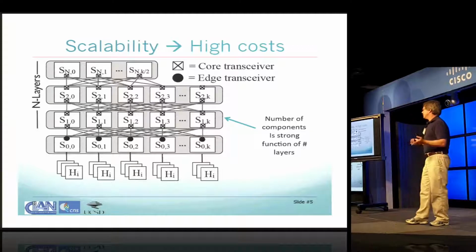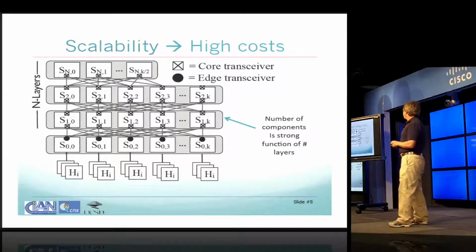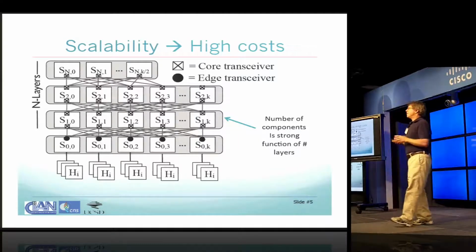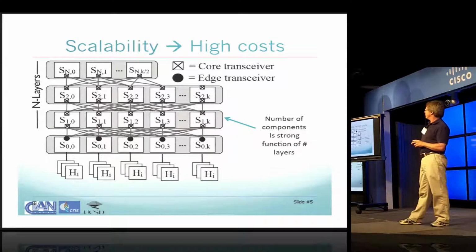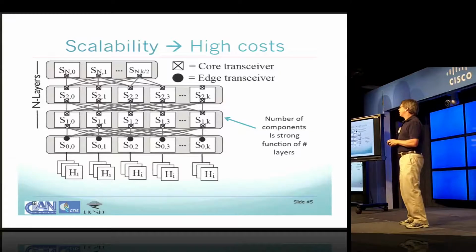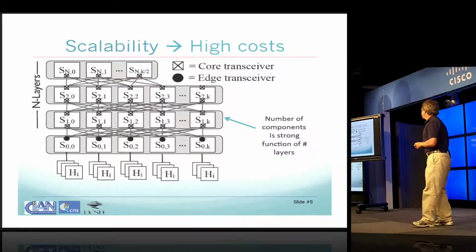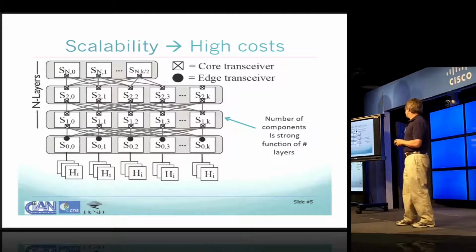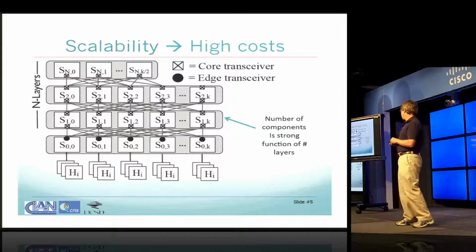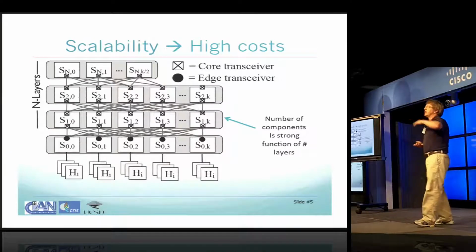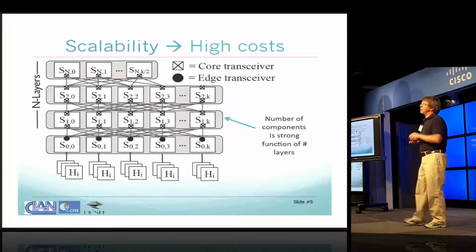So we've seen many of these. I'm not going to spend a lot of time on this. We saw a nice keynote from Cisco yesterday about levels of scale-out networks. The take-home message I want from this slide is that as you add layers, you add more and more complexity.